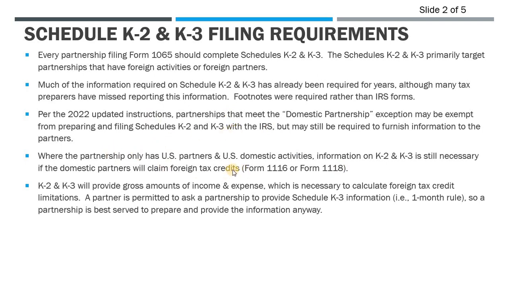All right, now, this is where the partnership only has U.S. partners and U.S. domestic activities. So in other words, all U.S. resident partners, all U.S. source income, no foreign source income, no foreign tax credits.